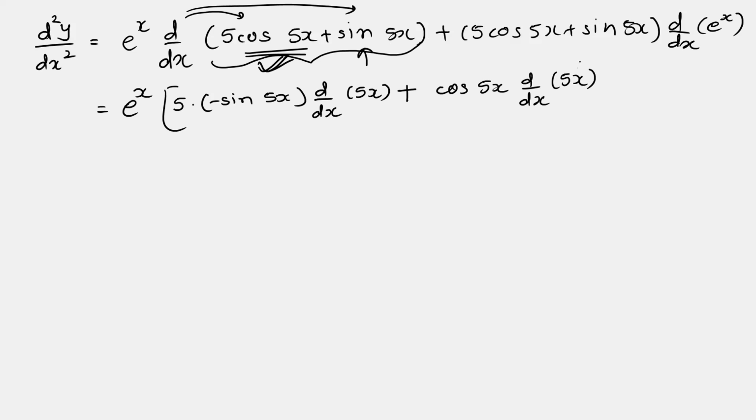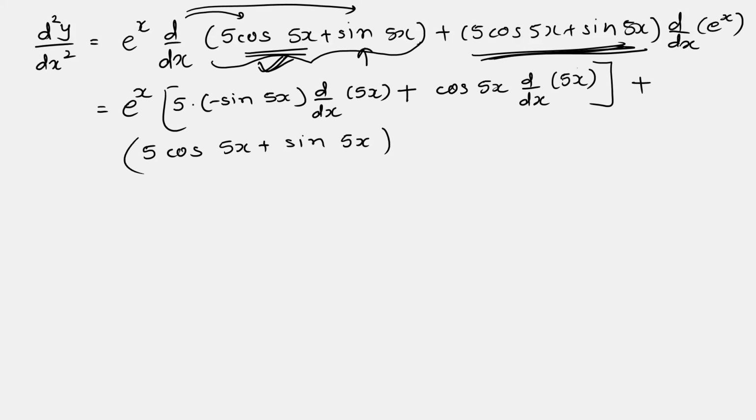Again need to be done. Plus, after plus this part is there: 5 cos 5x plus sin 5x, e to the power x. E to the power x, anyone remember? And it is x only. If it is 5x, then again chain rule must be applied. But it is x only, this one.